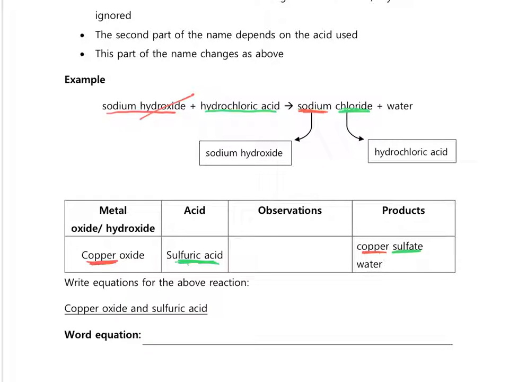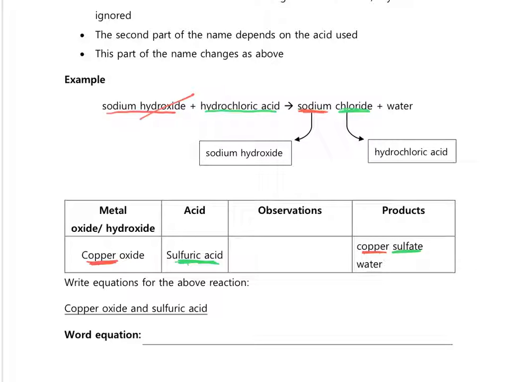With this reaction, again, if you want to see this reaction happening, then look up my video from last year on this topic, and you'll see it happening. Basically, we have to put copper oxide in a solution of sulfuric acid, and we have to heat it in a hot water bath because copper oxide is quite unreactive.